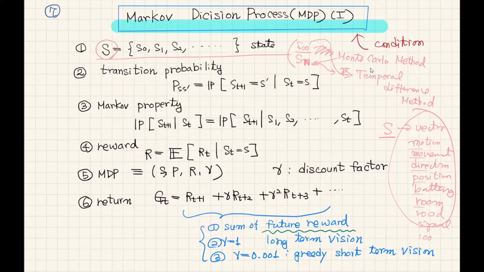So to start with the Markov decision condition, we have to define state. The second very important requirement is that the future of state will be determined by the current state.